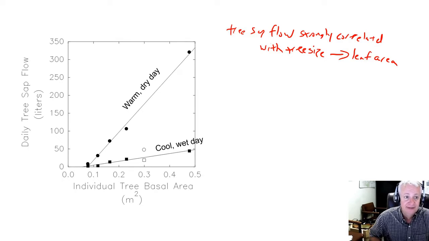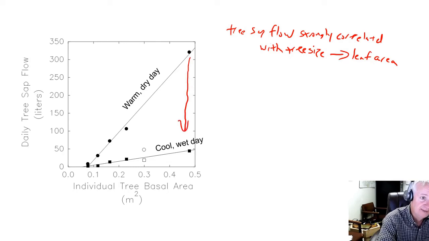The other thing you note then, of course, is that there are big differences in the amount of water lost depending on weather conditions on that particular day. So in general, on a warm, dry day, you'll get a lot more water loss than you will on a cool, wet day, mainly due to differences in both radiation and vapor pressure deficit on those types of days.